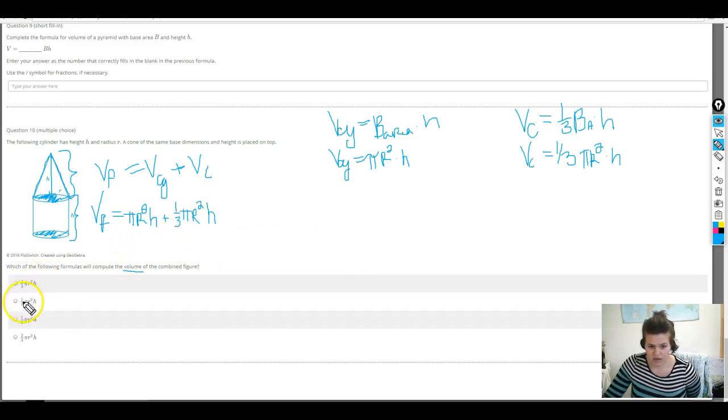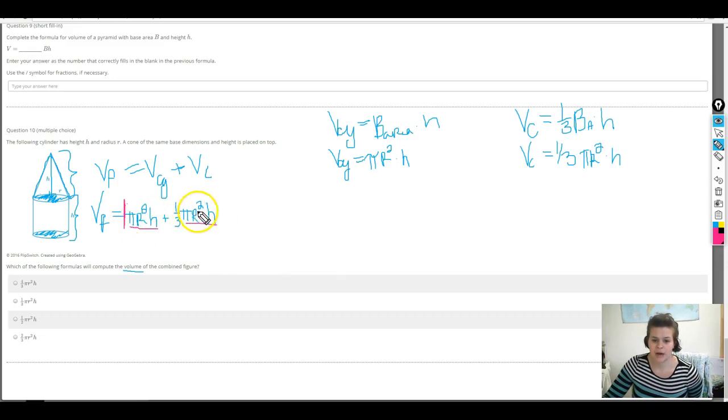Okay, now if you look at our options, they have 4/3, 1/3, 1/2, or 2/3. We look at what we have. We have pi r squared h, pi r squared h. But when there's not a number in front, it is assumed to be 1. So I have 1 whole pi r squared h and 1/3 pi r squared h.